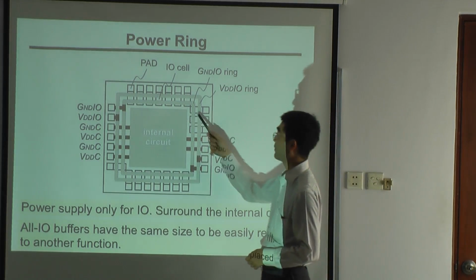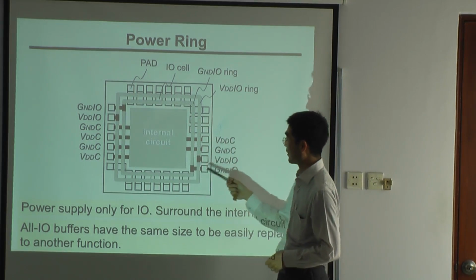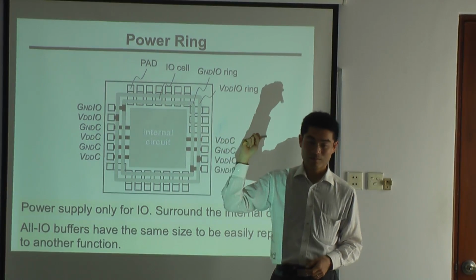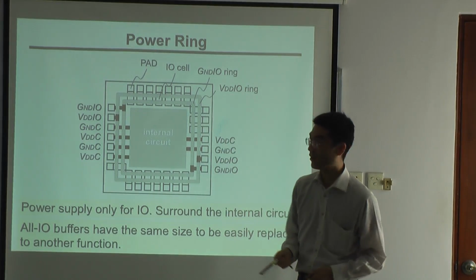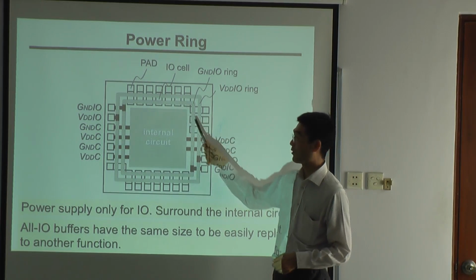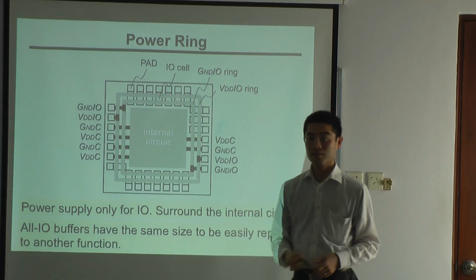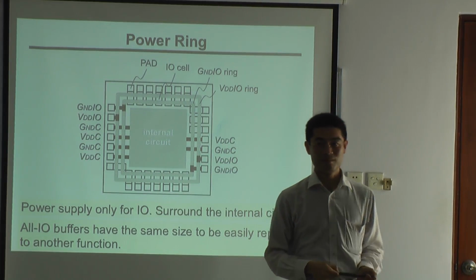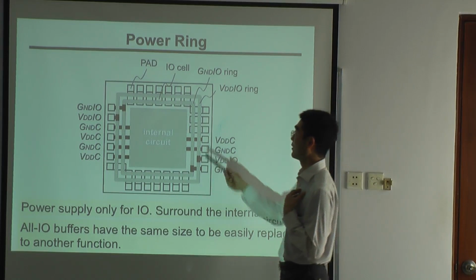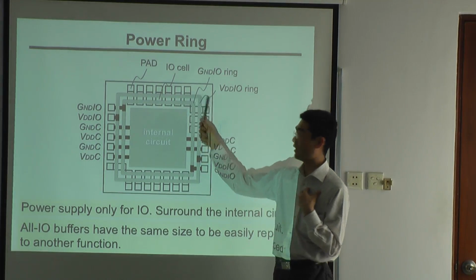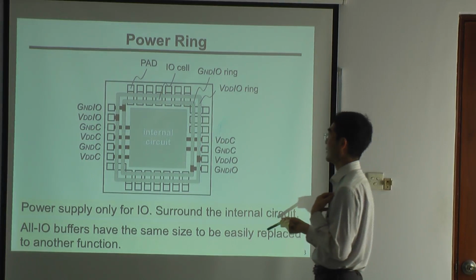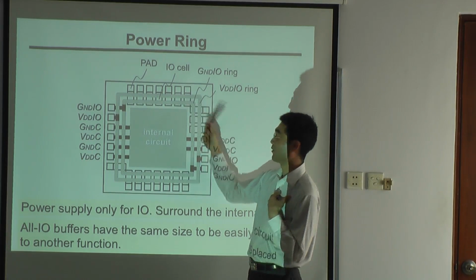And for this power ring, VDD ring and ground ring, sometimes we put ground inside, or sometimes VDD inside, and it depends on the person. In my case, I put ground inside and VDD outside. But others use VDD inside and ground outside.